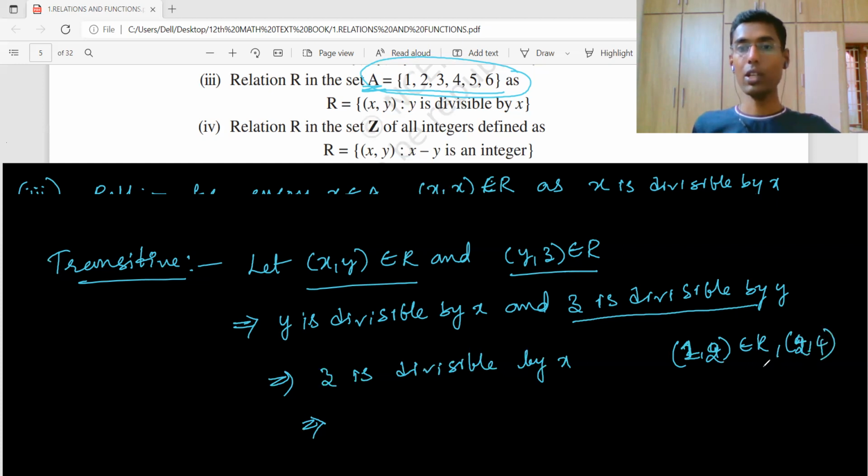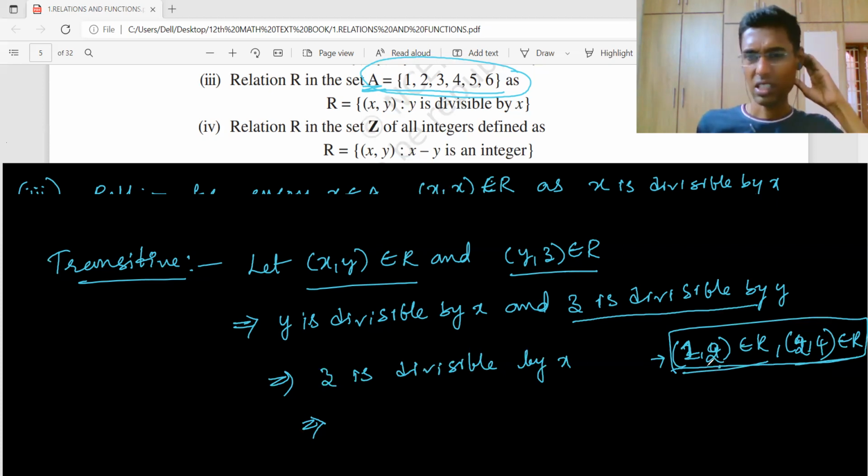But if you prove for only one case, then how can you say it is true for all? That's the reason you can't take only one example and prove. You can see it for yourself, but it's only one case. You proved it for one case, which doesn't mean that it is true for all.